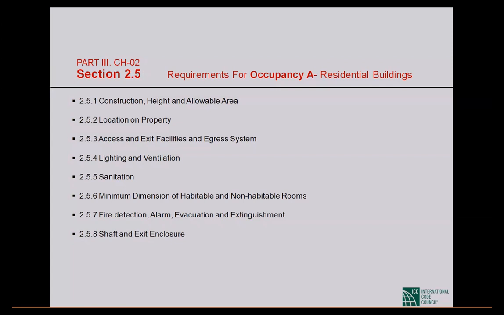So these are the subsections which have elaborate information.